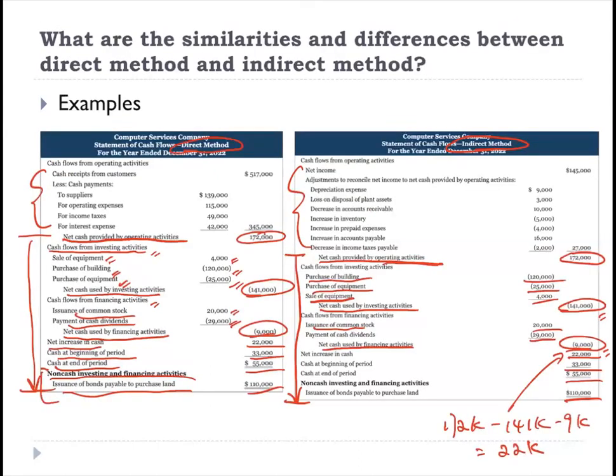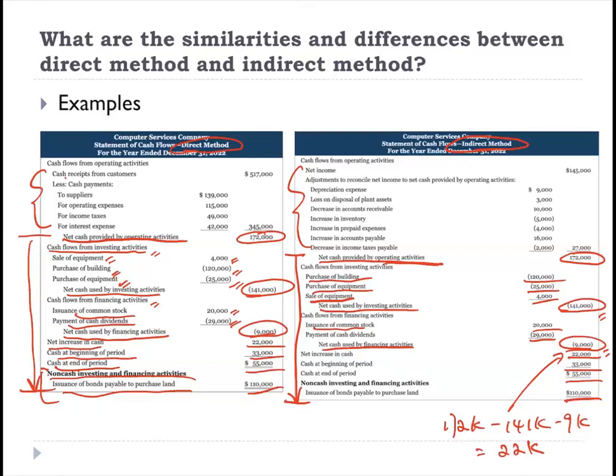So exactly what is the firm doing differently between the direct and indirect method for cash flow from operating activities? As you can see, the direct method is a very direct way of telling you how the firm is spending money or getting money during the period from its core business.